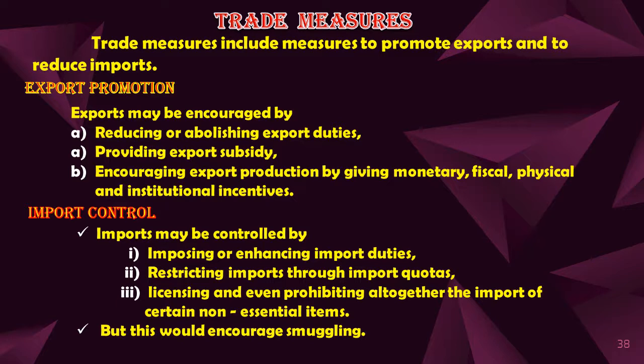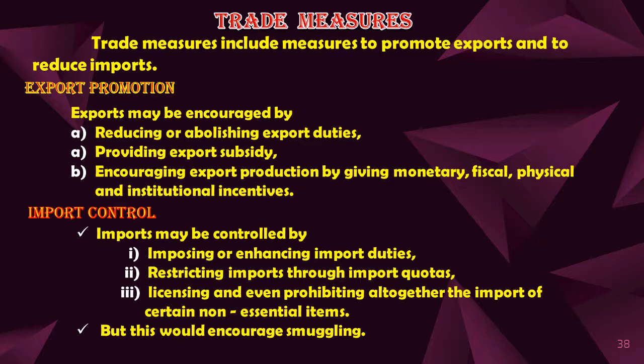Next is import control. Imports may be controlled by imposing or enhancing import duties, that is levying more import duties, and restricting imports through import quotas, that is, only a certain amount of goods may be imported.